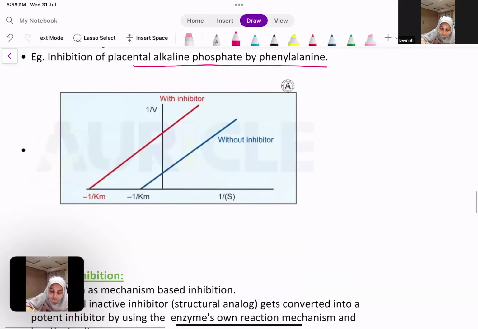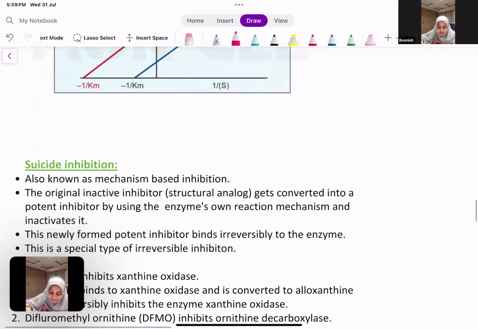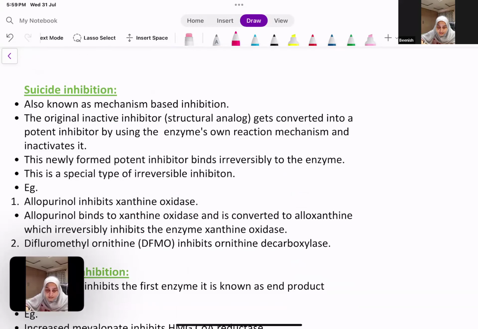Now talking about suicide inhibition, it is also known as mechanism-based inhibition. Here, the original inactive inhibitor, which is a structural analog, gets converted into a potent inhibitor by using the enzyme's own reaction mechanism and inactivates it.